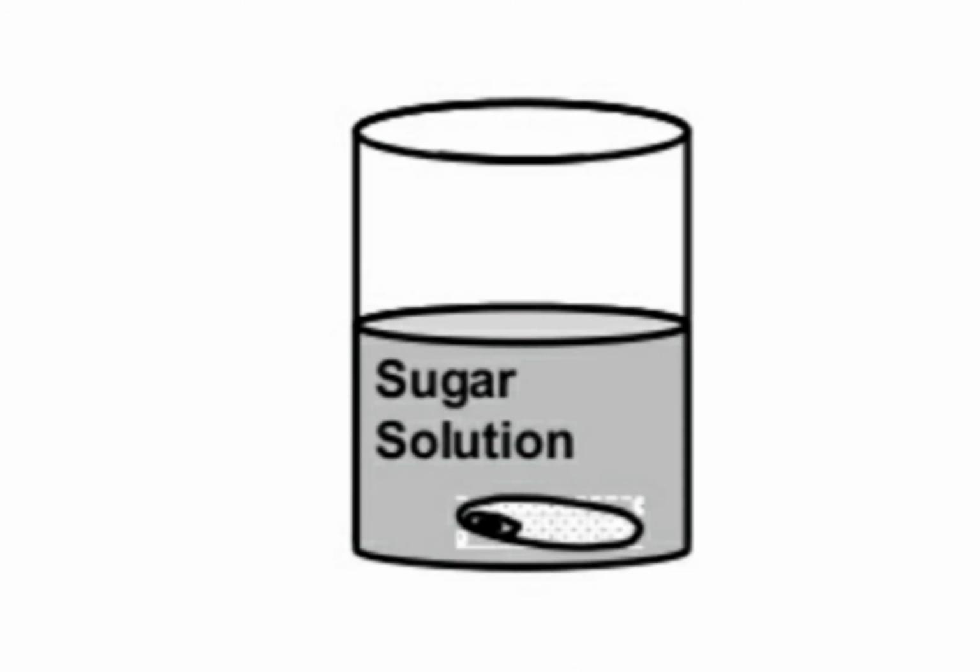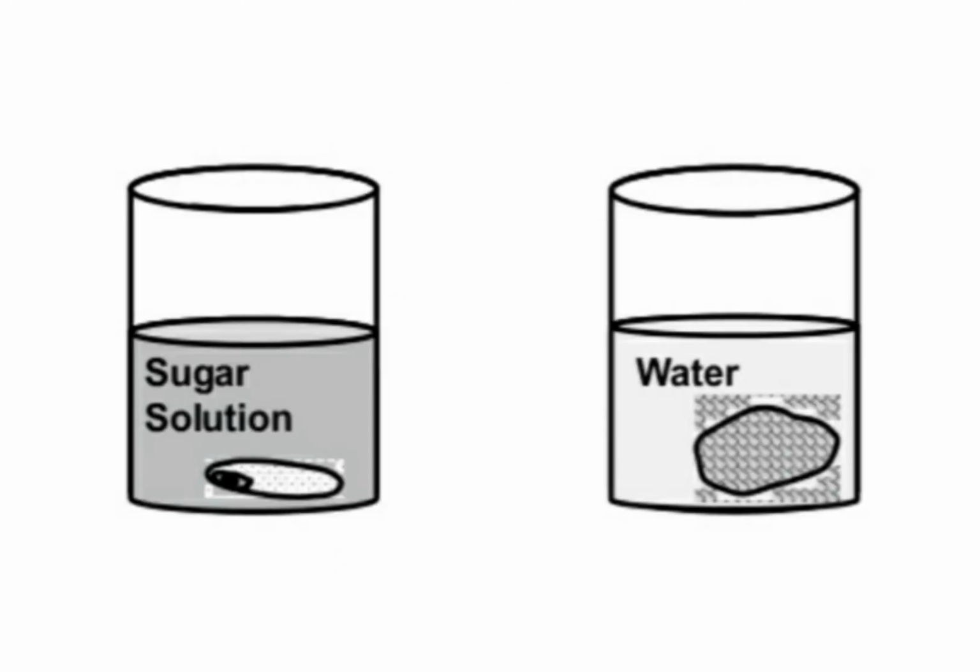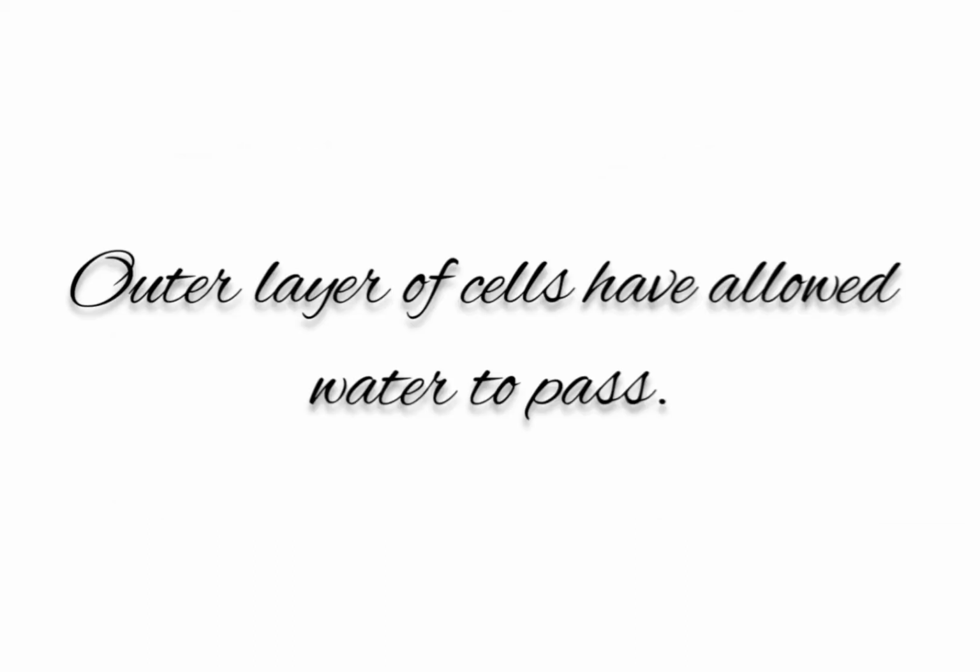In the first step, when the dry raisin was put in water, water moved into the raisin and the raisin became swollen. This swollen raisin, when it is kept in saturated sugar solution, again becomes shriveled or shrunken because water has moved out of the raisin. How does this happen? The cells in the outer layer of the raisin have permitted water to pass through.